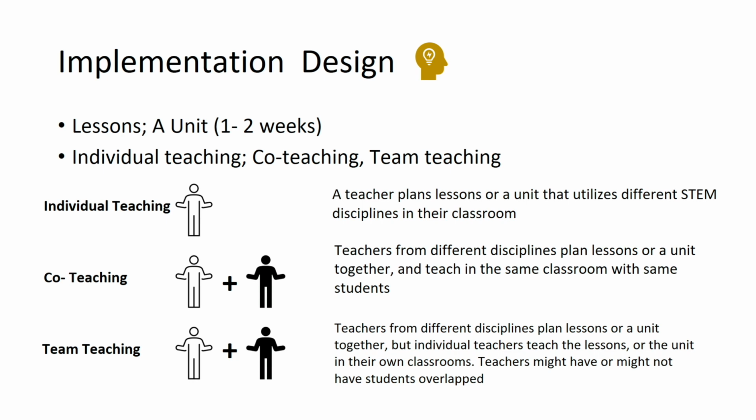As for the team teaching model, teachers from different disciplines design and plan the lesson together, but they might teach the lesson in different classrooms. You might have student overlap, or you might not have student overlap in those integrated STEM teaching lessons.